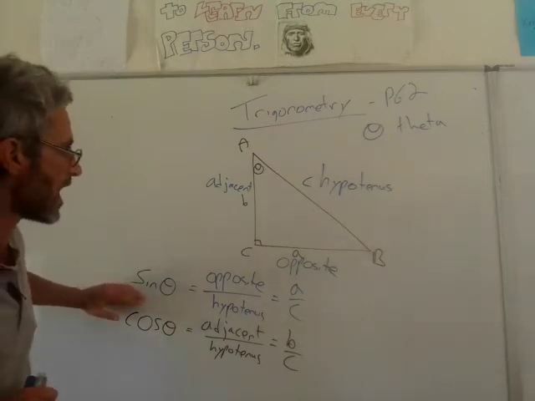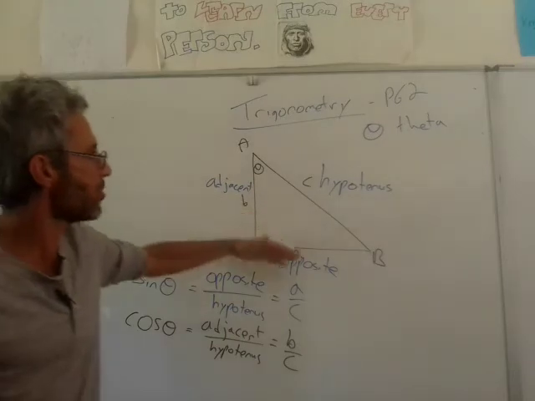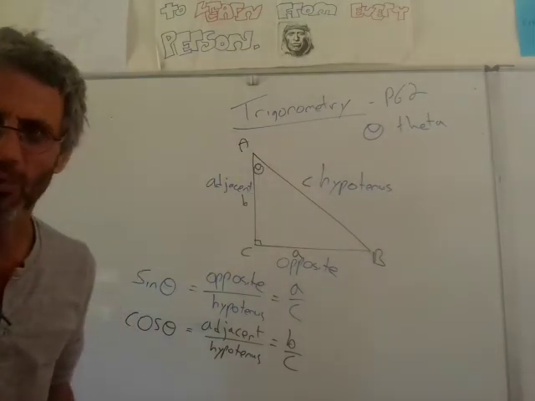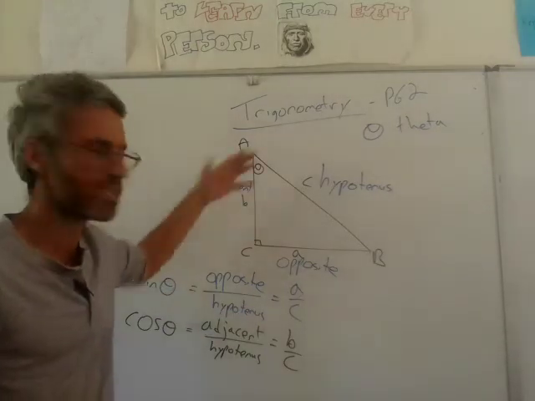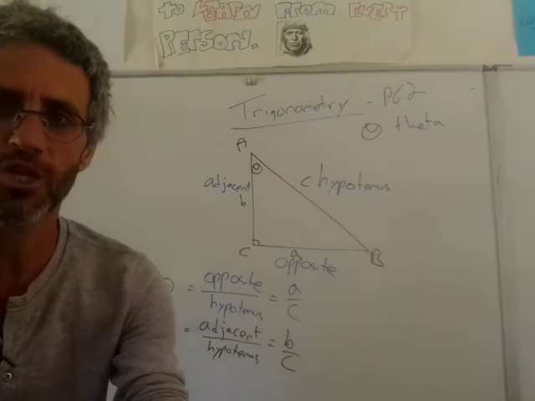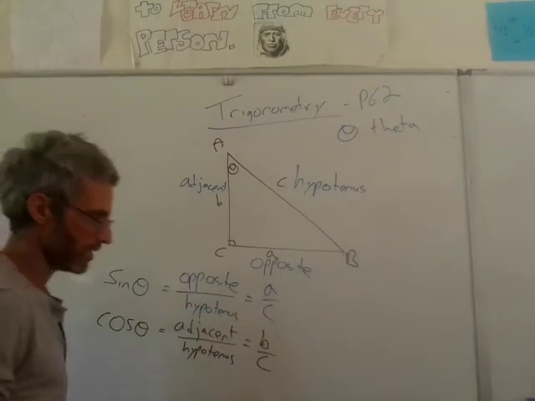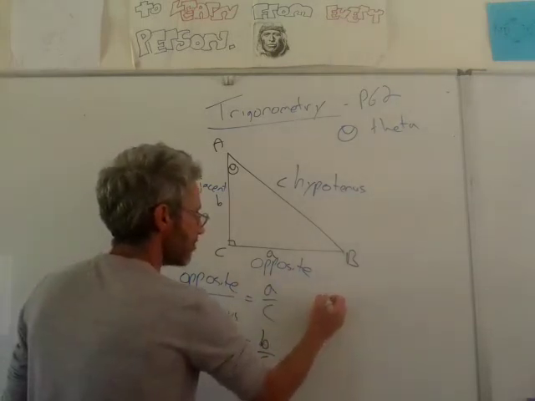So we've got sine theta and cosine theta, the ratios of the opposite to the hypotenuse and the adjacent to the hypotenuse. We're missing something. The ratio between the opposite and the adjacent. So I'll use red for that.